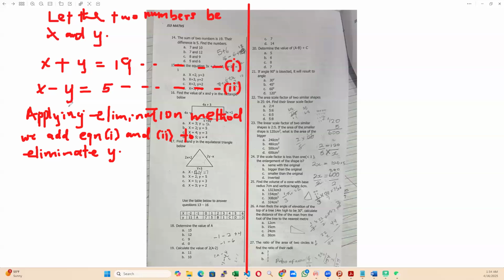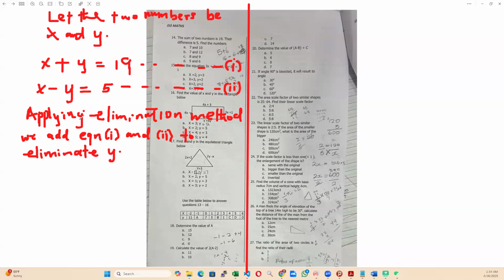Chizzy, do you know why we didn't multiply equation 1 by any numerical value, any number? Can you explain why we just decided to add the two without multiplying, unlike in the previous video, where we multiplied equation 1 by 2?